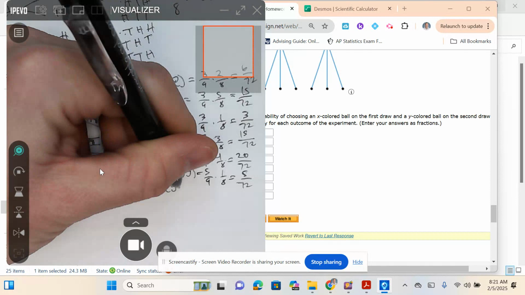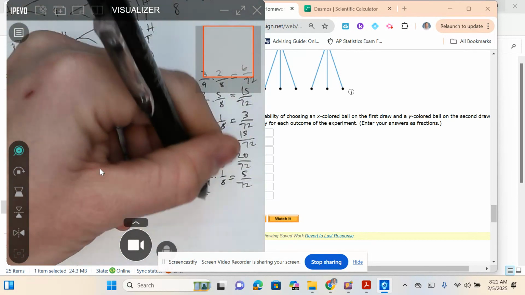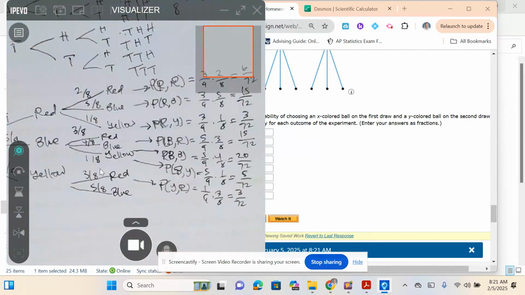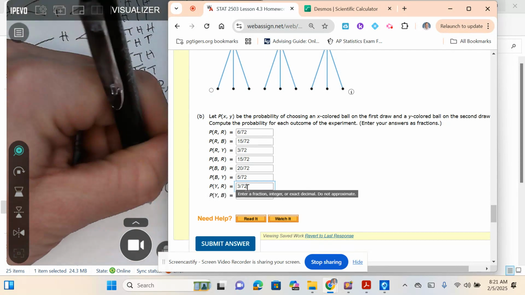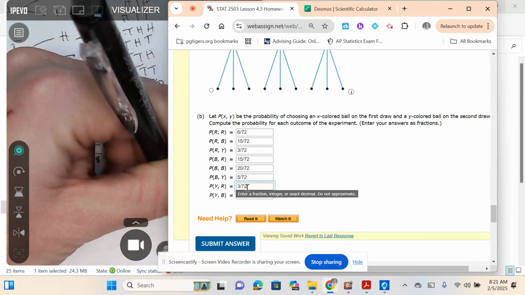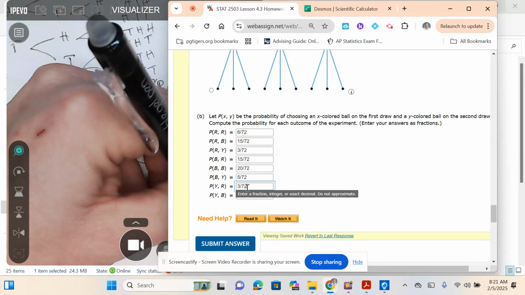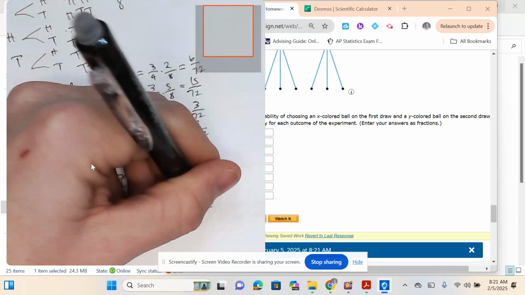P of yellow, red. 1 out of 9 times 3 out of 8. So it'd be 1 times 3 is 3, and then over 72. And then yellow, blue. And that's going to be 1 out of 9 times 5 out of 8, which would be 1 times 5 is 5 over 72.